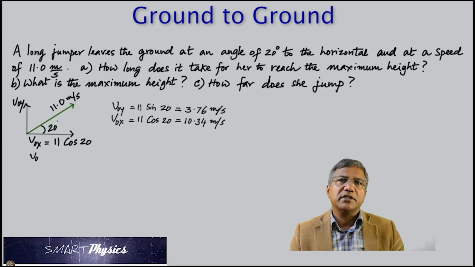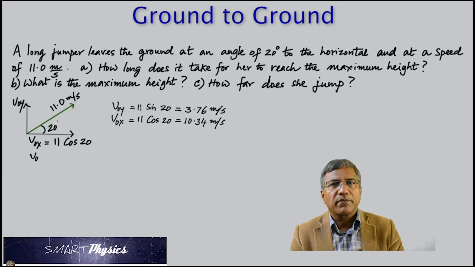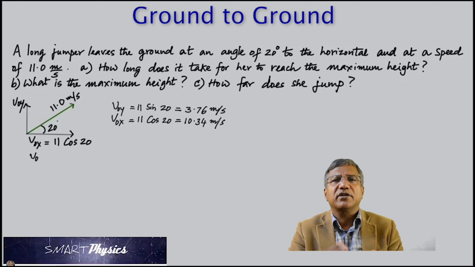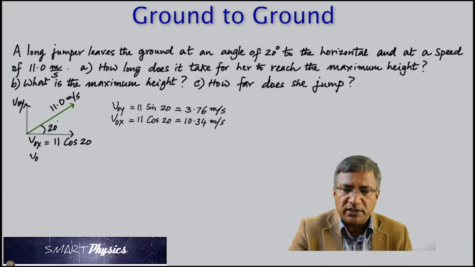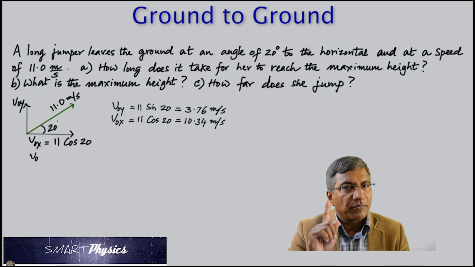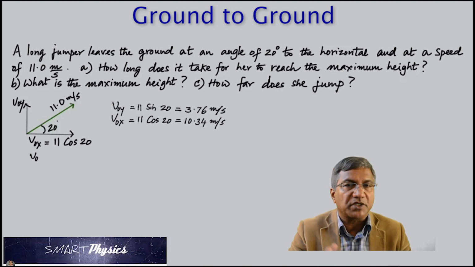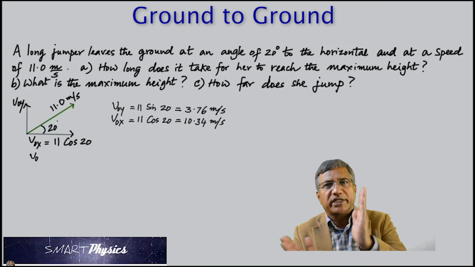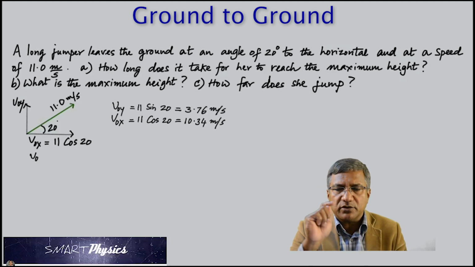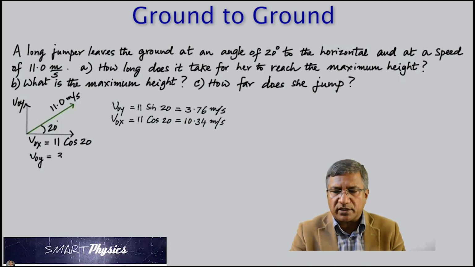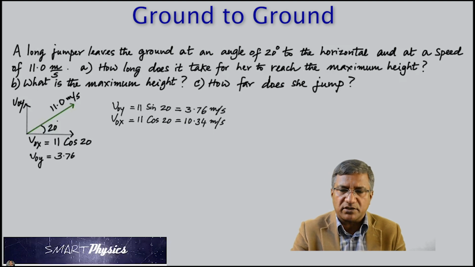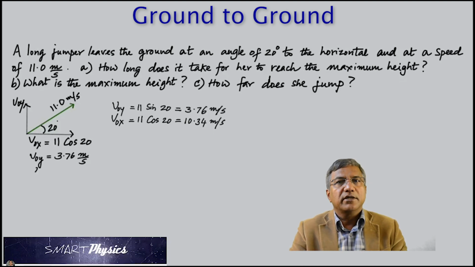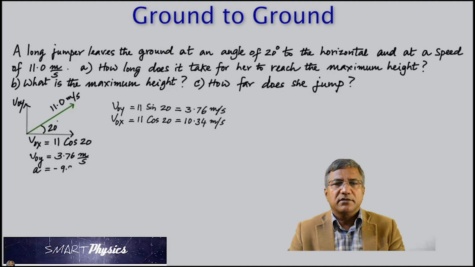Now we have the components and we do the same exact thing like we did before. First, we focus on the y component. What's the initial vertical velocity? It's 3.76. We do not go back to 11 because we already used the 11 to break it into its vertical and horizontal. So the velocity along the y is 3.76.